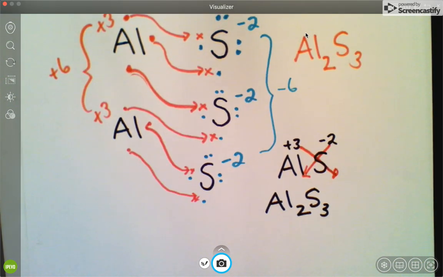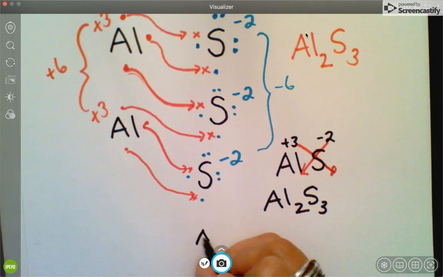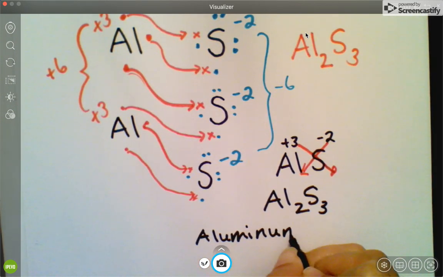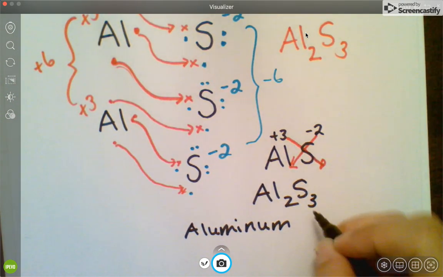In terms of how to name binary ionic compounds, and this works for when the first element only has 1 valence option, we keep the name of the first element the same. So we call this aluminum. And the name of the second element, we change from sulfur to sulfide.